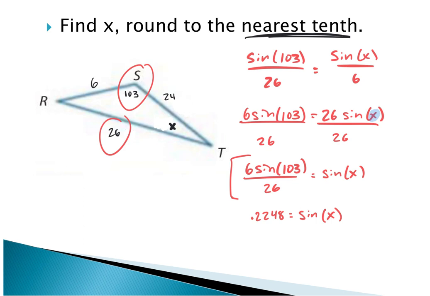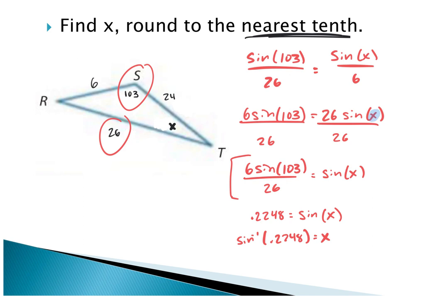But as long as this decimal is within -1 and 1, then we're good. Okay, now I'm going to take the inverse of 0.2248. And if ever you do have a number that's greater than 1 or less than -1, you'll get an error symbol. So I just like having the decimal to check.